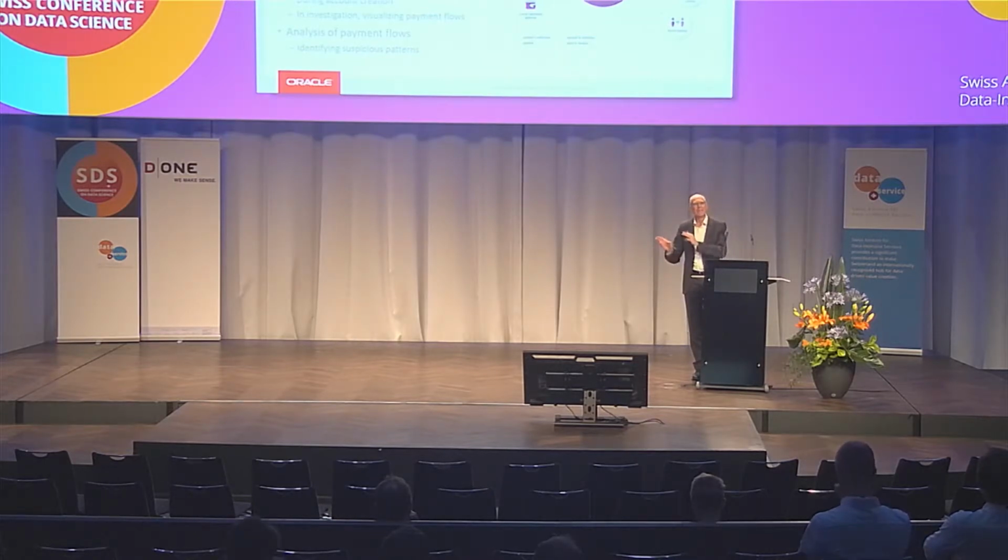So one of the key things which PaySafe are trying to do is to use the infrastructure they have to identify fraudulent behavior. And they've come to the conclusion that there's really only one way to effectively do this above and beyond what they use already as a rule-based approach, which is to use graphs.